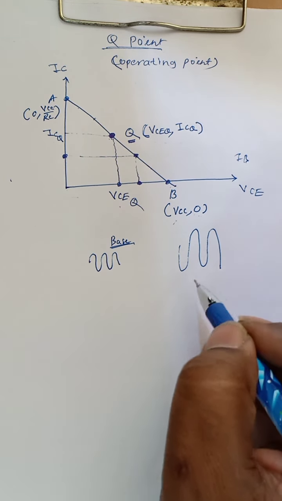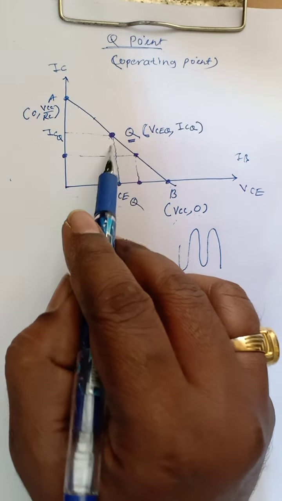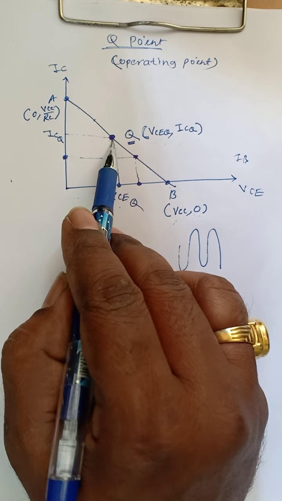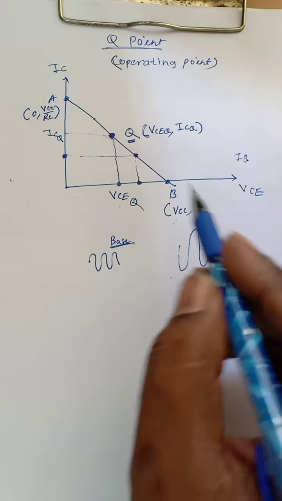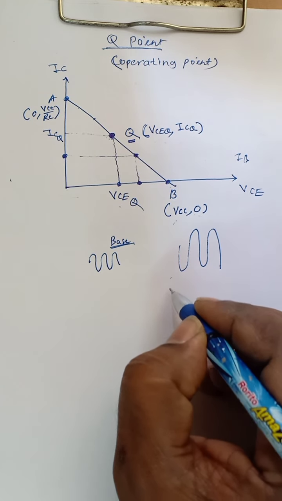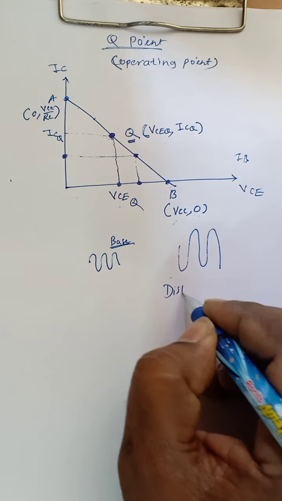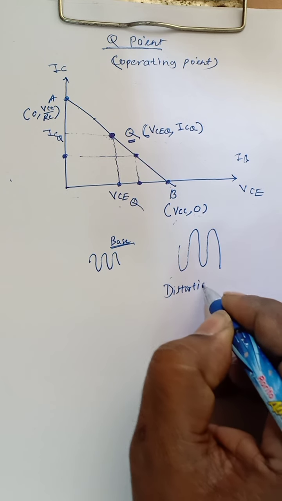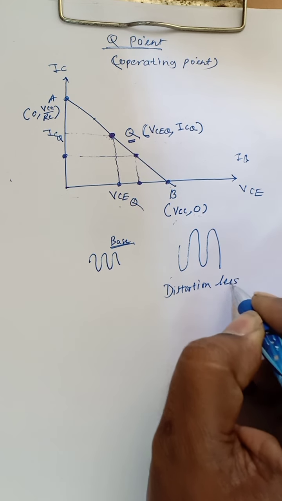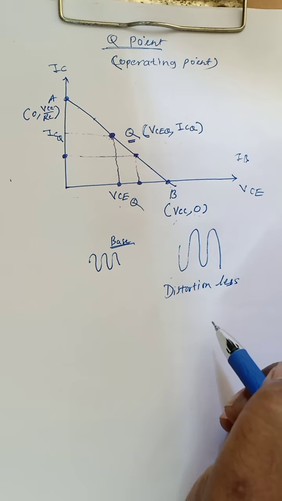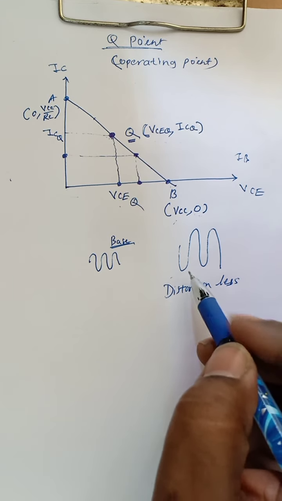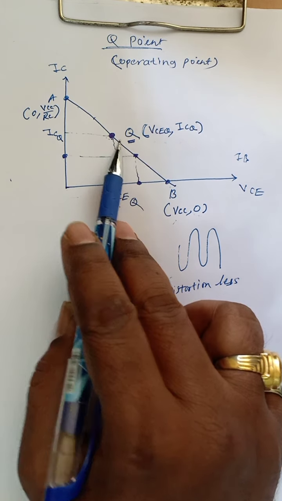When the Q point is at the center of the DC load line, we get a distortion-less output.